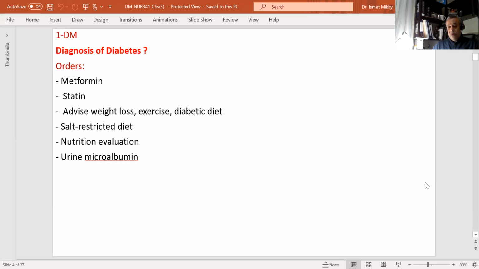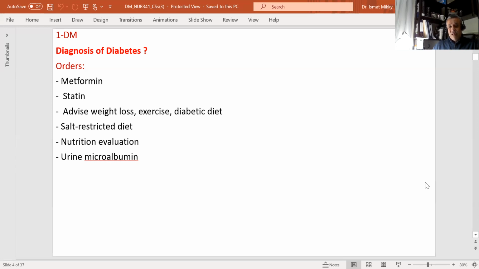So the tight glucose control, which means to control the hyperglycemia aggressively with a tight plan, has shown a reduction in complications and mortality in type 1 and type 2.